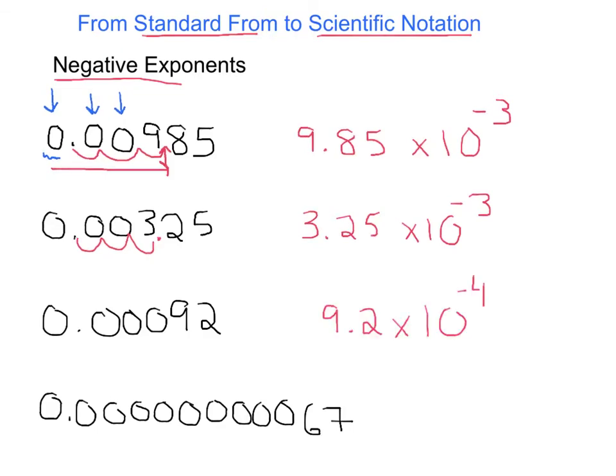You should get 9.2 times 10 to the power of negative 4, because you move the decimal 4 times, or you can count the zeros, you have 4 zeros. And then the last one, you should get 6.7 times 10 to the power of negative 10.